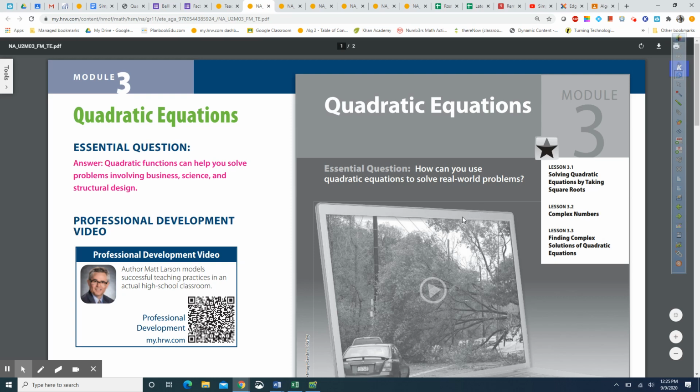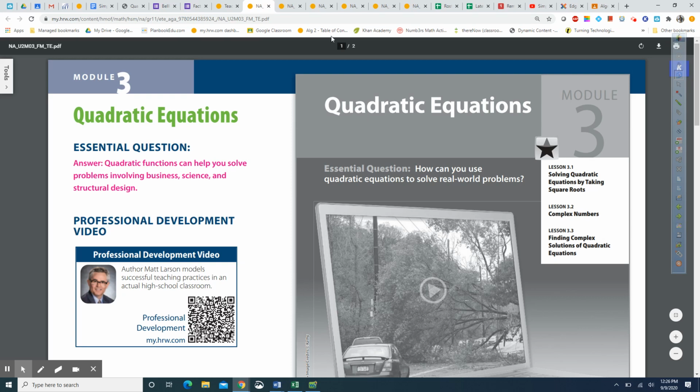We're going to focus on 4. And the last one is solving quadratic equations by taking square roots, which is really a misnomer because it's really by graphing, square roots, and factoring. Okay, and they introduced the idea of imaginary numbers, which is the basis of a complex number, and then we'll move on from there. So let's go on into solving quadratic equations through taking square roots, graphing, and factoring.